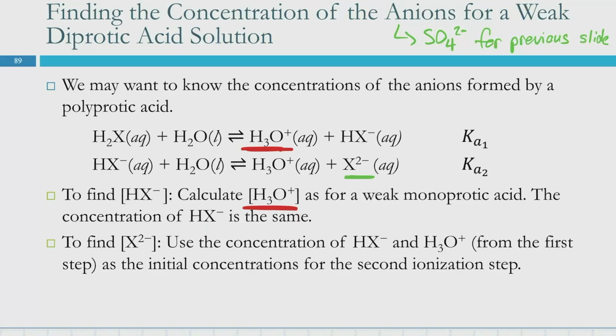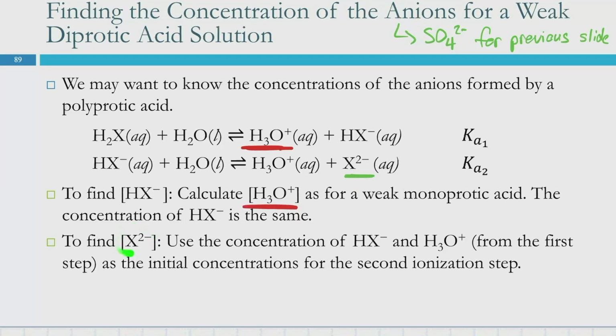I think we can all do that, no problem. For finding our X2 minus, we're going to use our H3O plus concentration from the first step, as well as our HX minus that we found in the previous step, for kind of sequential ice tables.